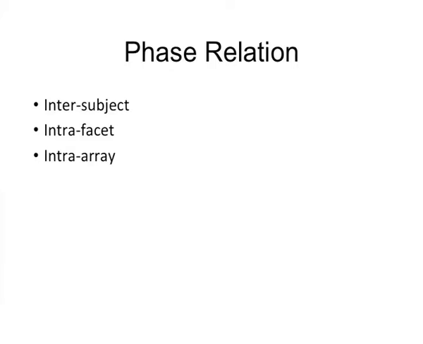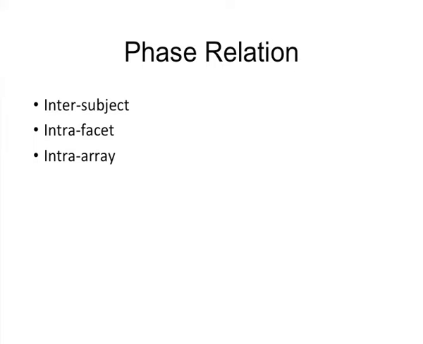Now, this phase relation has been differentiated into 3 different types in a different way, though those are also phase relations, as I told you about these 6 different types. From a different point of view, Ranganathan says 3 different types of phase relations. And what are these 3 types? Inter-subject phase relations.